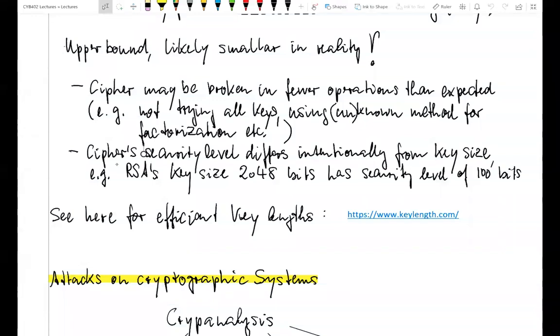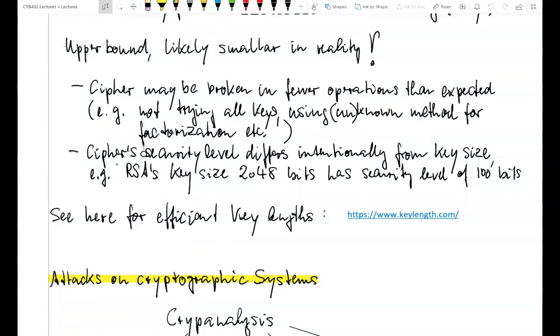So let's say we have a key that uses 1024 bits, and we find out that somebody published an attack that actually needs the square root of the number of operations of the key length.